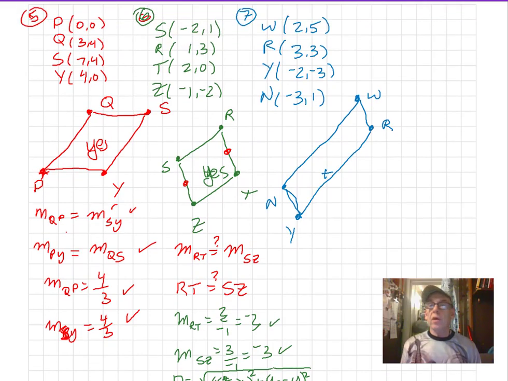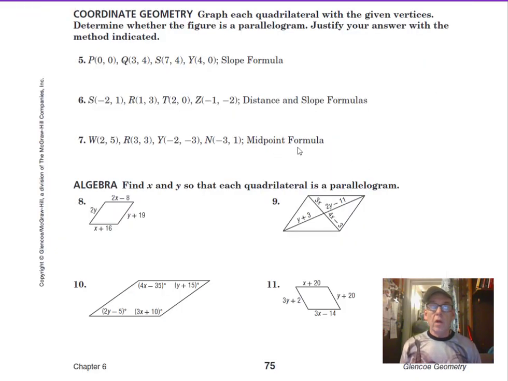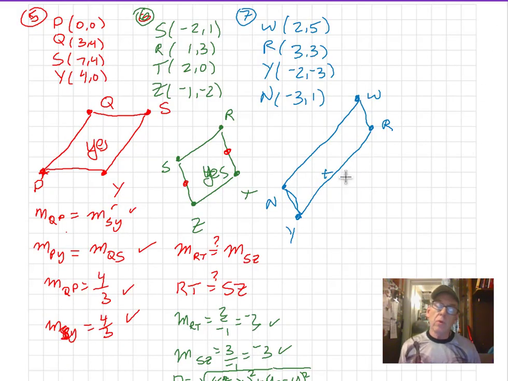Let's go back to the other page. We want to use the midpoint formula for this one. I'm not so sure about the midpoint thing going on here, but let's try this. So we'll put an orange line here. Let's look at this diagonal and find the coordinates of its midpoint.